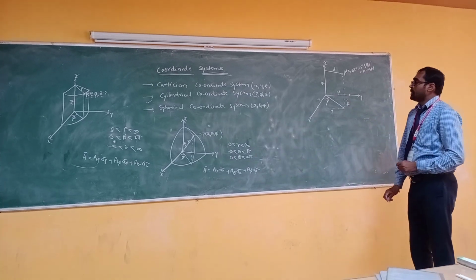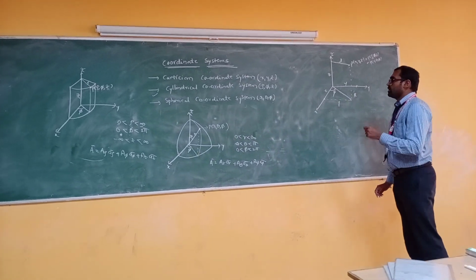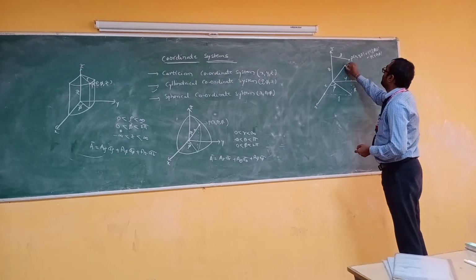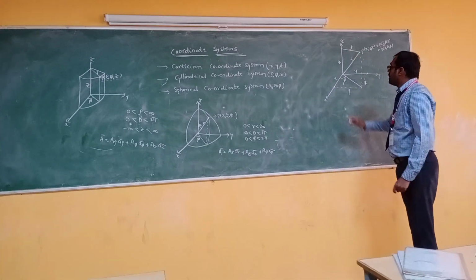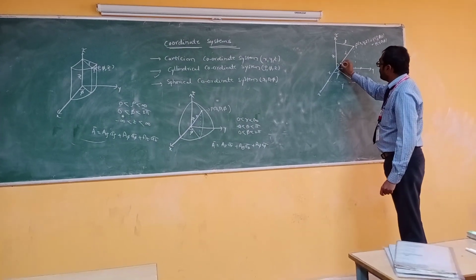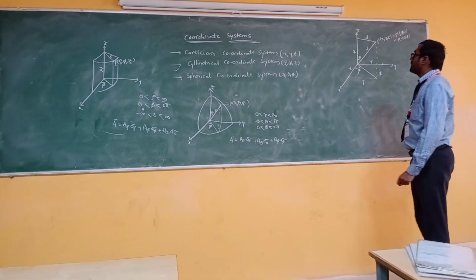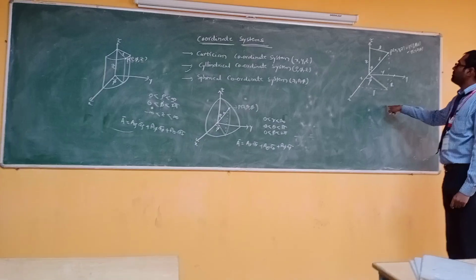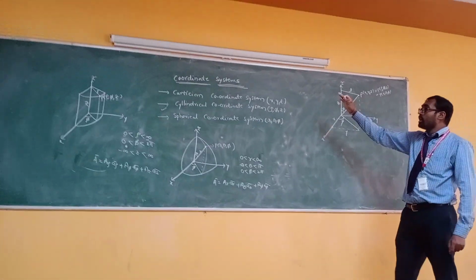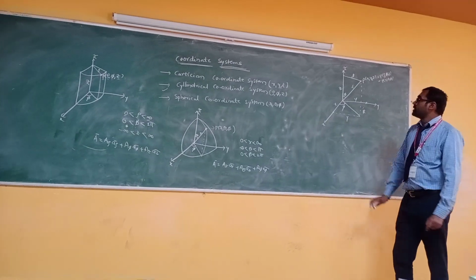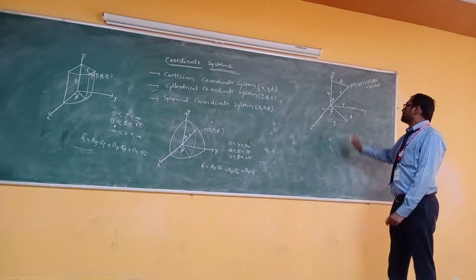Now the spherical coordinate system components, according to the definition: from the origin to the point, that value is the r value, and the angle between the z axis and the line to the point we call theta. Now in this one diagram, we have all these three coordinate systems and their values.